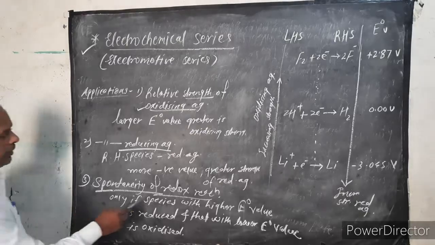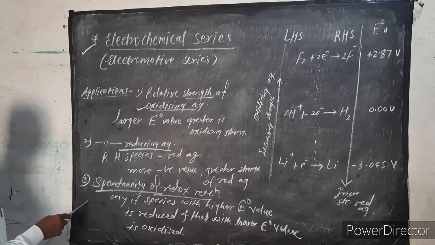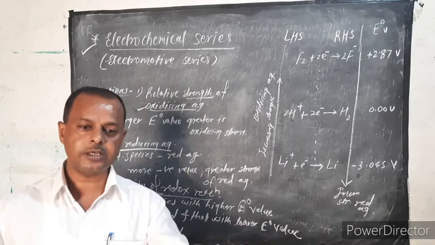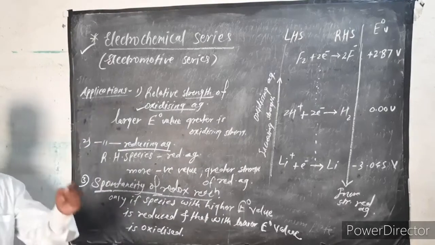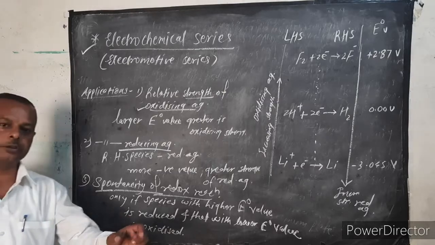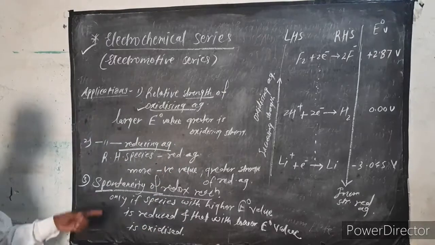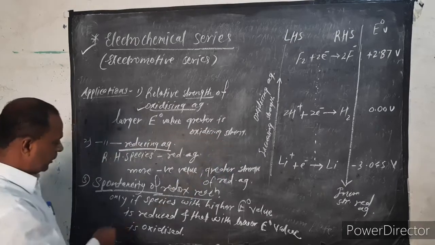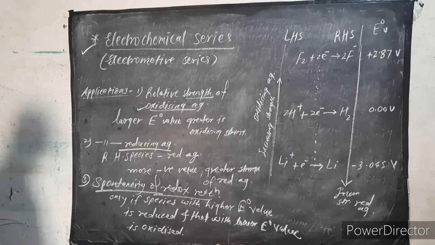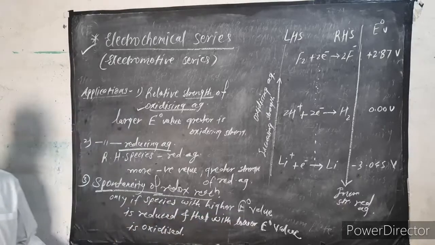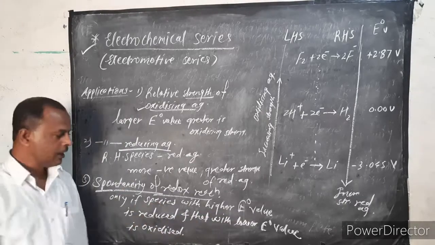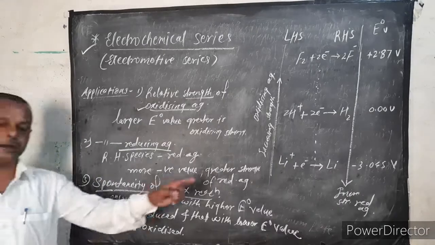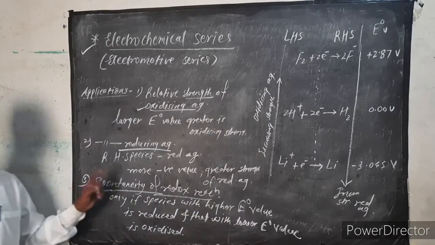The third one is the spontaneity of redox reactions. In galvanic cells, if the cell potential is positive, then the reaction is spontaneous. For spontaneity of a redox reaction from the electrochemical series, only if the species with the higher standard reduction potential value is reduced, and the one with the lower standard reduction potential value is oxidized.